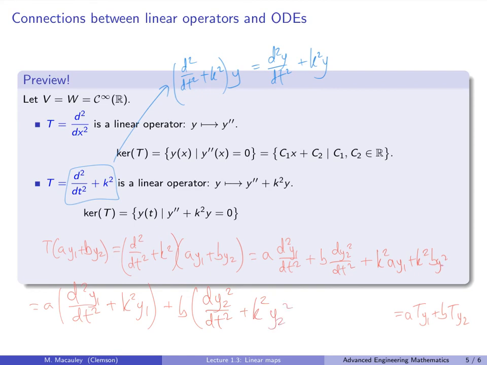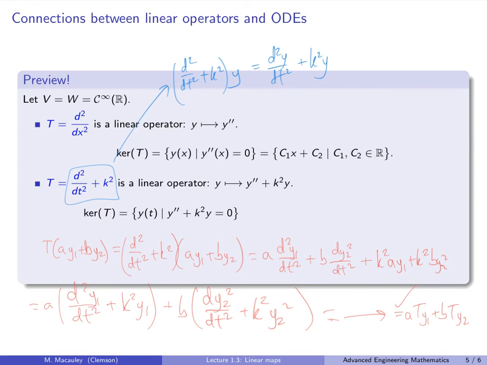Oh, I forgot my 2 over here. And notice that this is indeed a times T of y1 plus b times T of y2, and so yes, this checks out. This is indeed linear. Okay, so it's linear. It inputs a function y and spits out that function's second derivative plus k squared times the function itself. And what's the kernel?